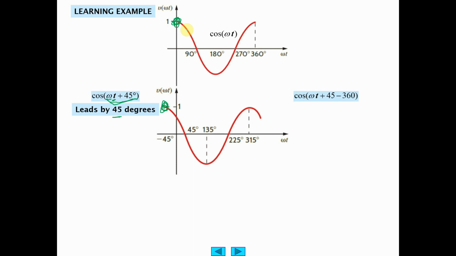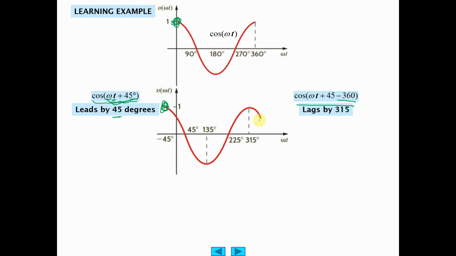Now, we can also think of changing things by 360 degrees, because cosine omega t plus 45 minus 360 is cosine omega t plus 45. Cosine omega t plus 45 plus 360 is also equal to cosine omega t plus 45. Cosine omega t plus 45 plus 720 equals cosine omega t plus 45. I think you get the hang of it now.